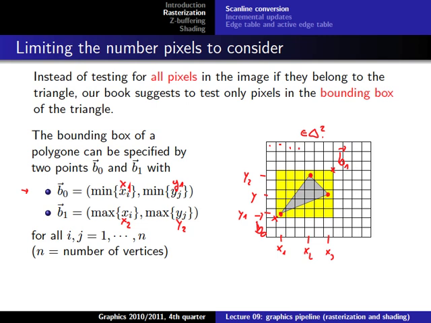The y value is larger than the minimum but smaller than the maximum, so that doesn't change. Whereas the x value has a larger maximum, so this here gets replaced by x3.